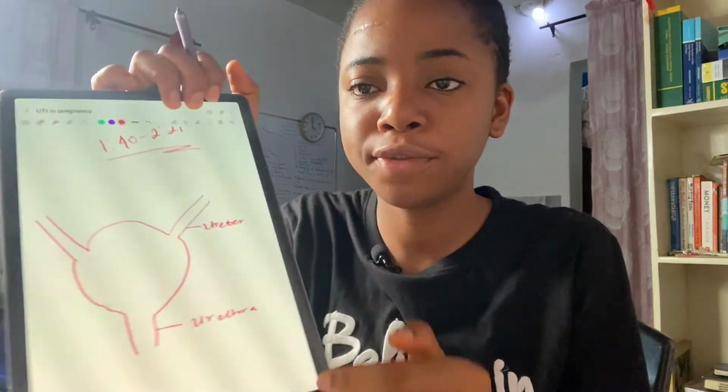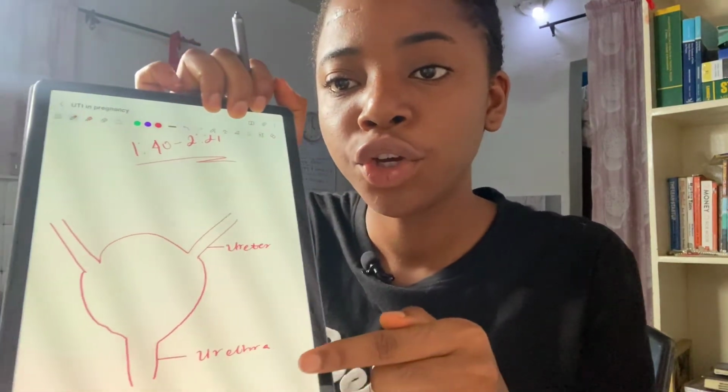A lot of medical students confuse the ureter for the urethra. But all you need to know is that the ureter, the one that's up, gets dilated by the hormone progesterone during pregnancy. Normally it's constricted so that it can prevent backflow of urine.